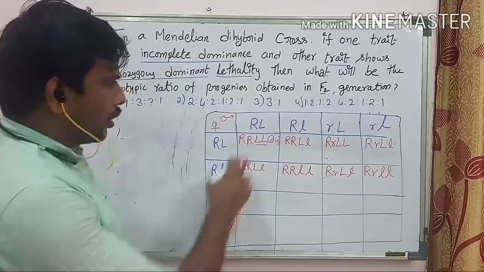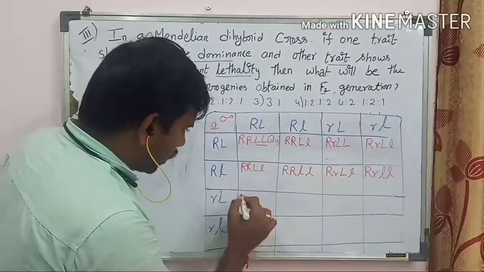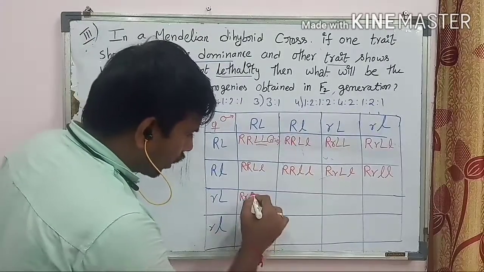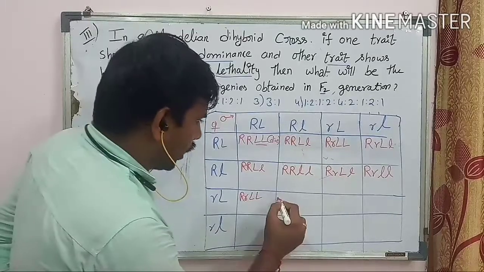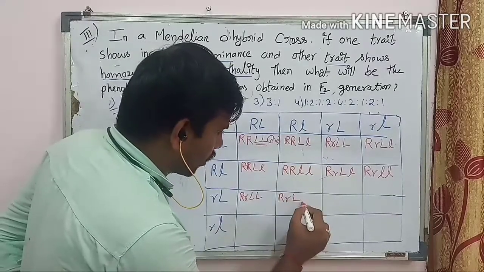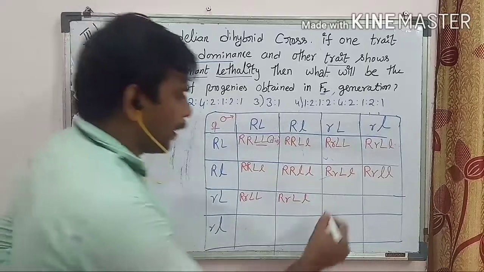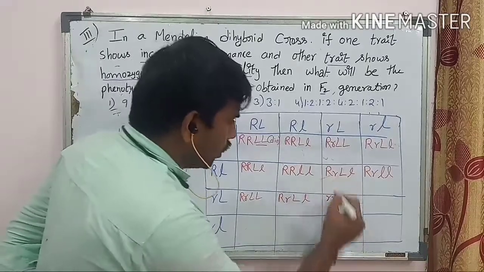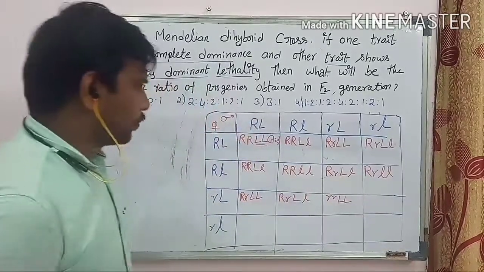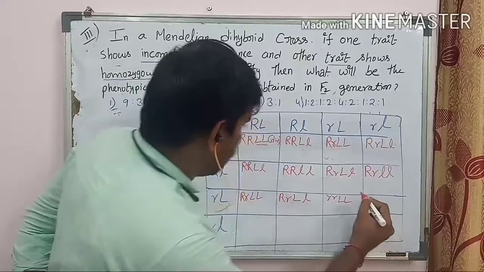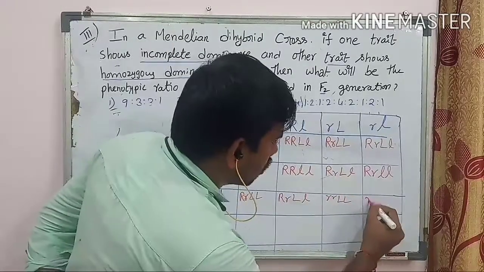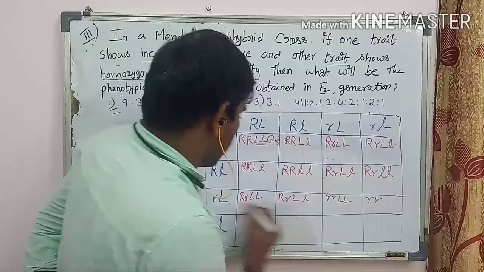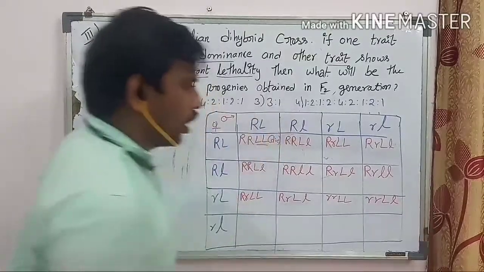And you go for the third gamete with all four combinations: capital R, small r, capital L, again capital R, capital L, small l, and small r, both are capitals, capital L. Now again here small r, and one capital L and the small l.